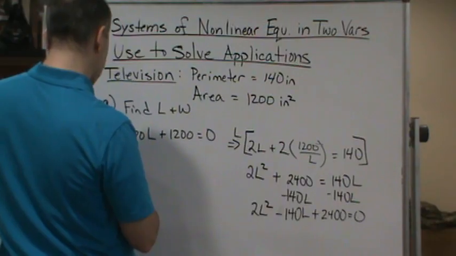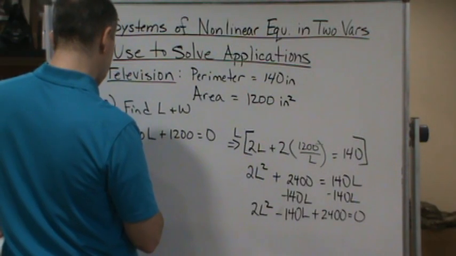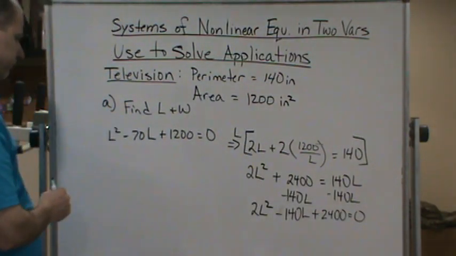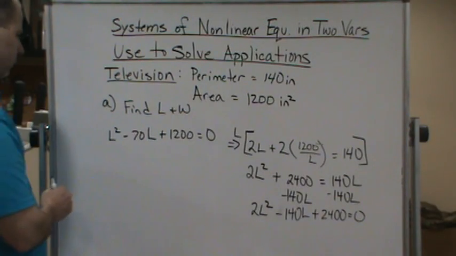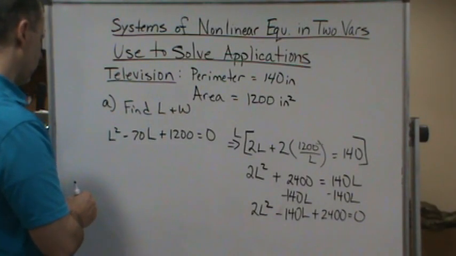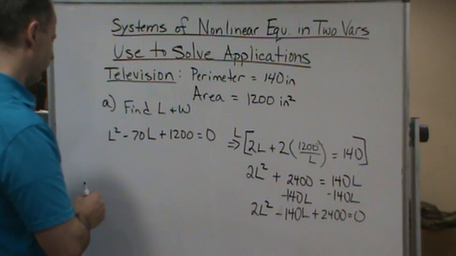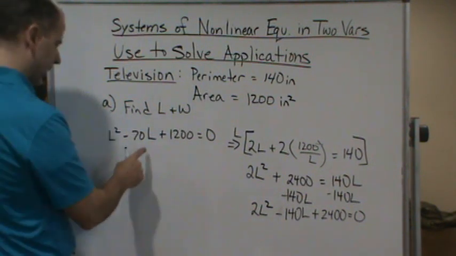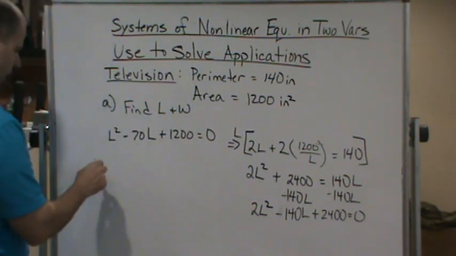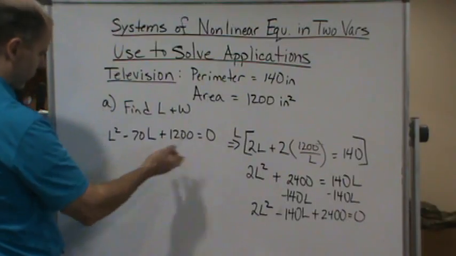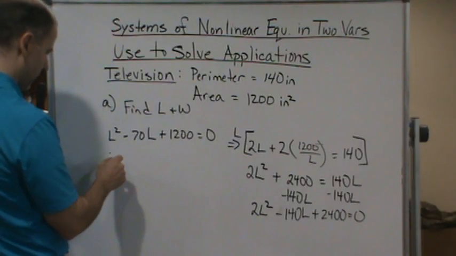That might not work. Yeah, never mind, that won't work. I don't think this is factorable, but let's use the quadratic formula. It's there for these situations, so let's use it.